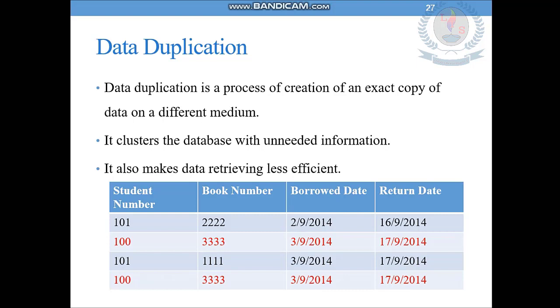Database duplication is often intentional and used primarily for creating backups. That is the most important thing in data duplication. As I have given in this table, you can see there is a duplicate data record. Student number 100: the same record appears twice inside the same table. So that is data duplication.